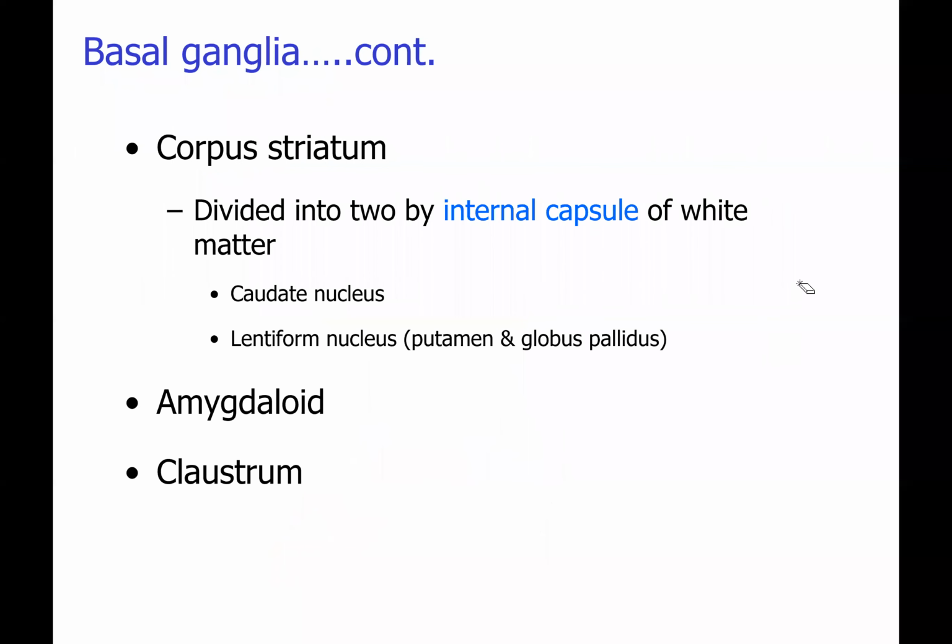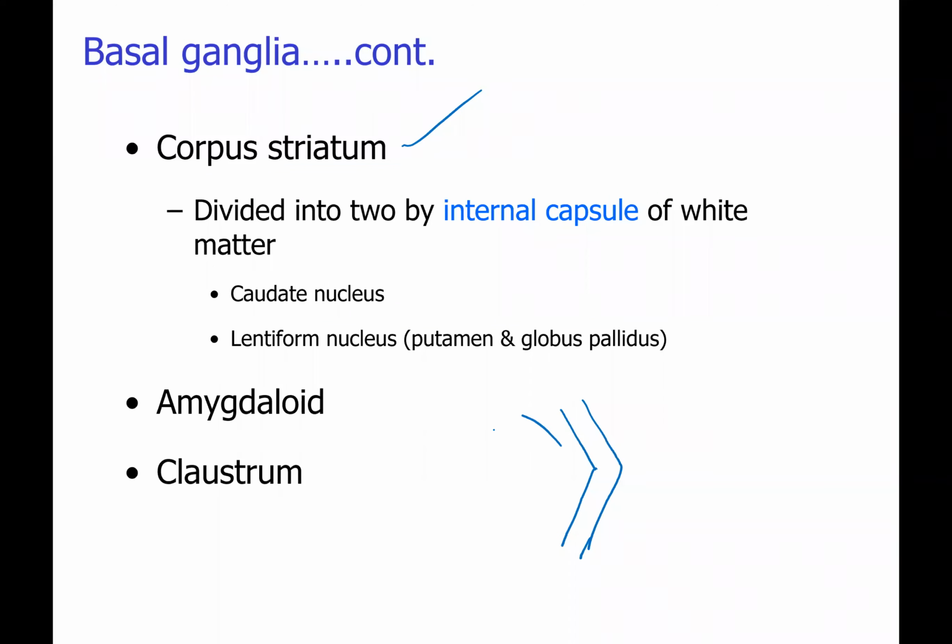So these are the types of basal ganglia you get in the cerebrum. The corpus striatum is the first one, which is a very large basal ganglion. Corpus striatum, you have seen it already. Corpus striatum is where you get this internal capsule. We said the internal capsule is there like this in horizontal section.